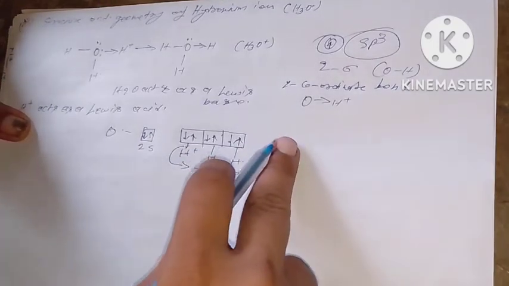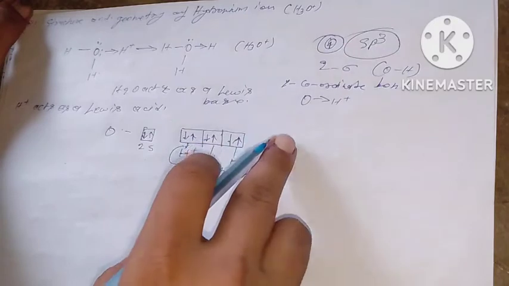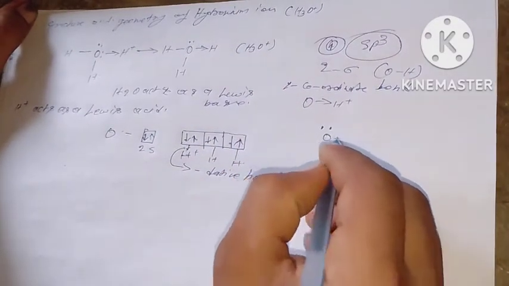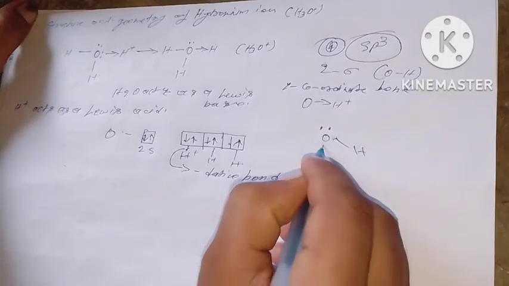Due to sp3 hybridization, the structure is tetrahedral.